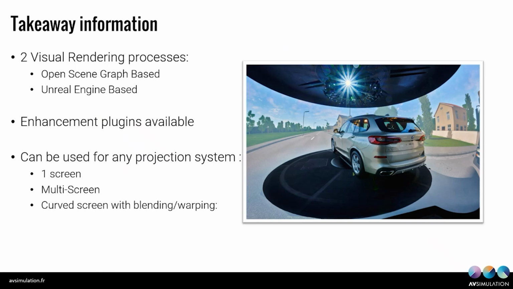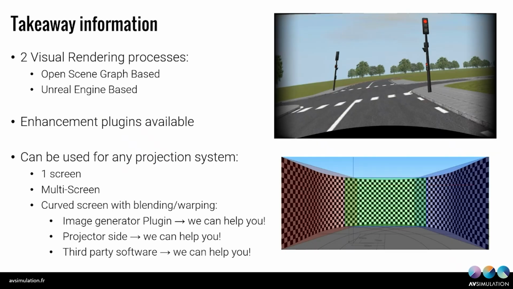And this uses the blending and the warping plugins we have implemented for the visual rendering. There are three kinds of features that can be used for the visual rendering, for the warping and the blending. One is embedded as a plugin into the image generator.